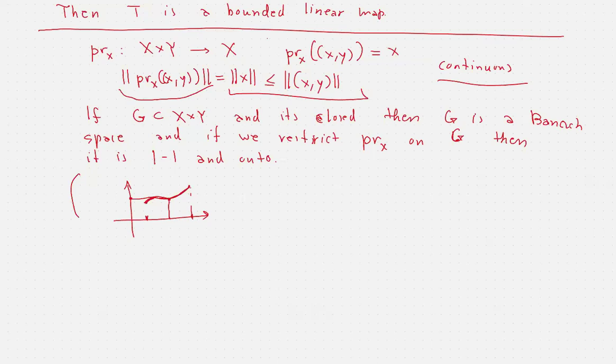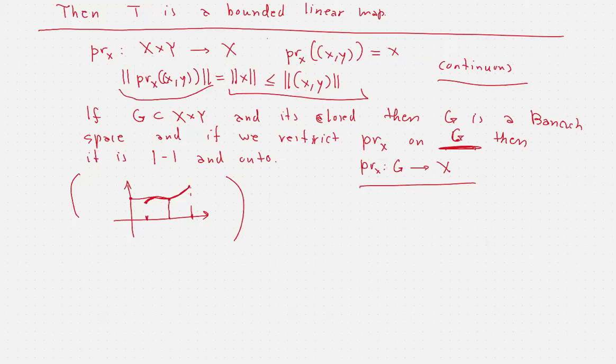So here, of course, it's the open mapping theorem that tells us that since we have two Banach spaces G and X, and the projection goes from G to X here, and it's one-to-one and onto, then especially because it's an onto map, it has to be open. And any linear map which is one-to-one, onto, and open, open means really that the inverse map is continuous.